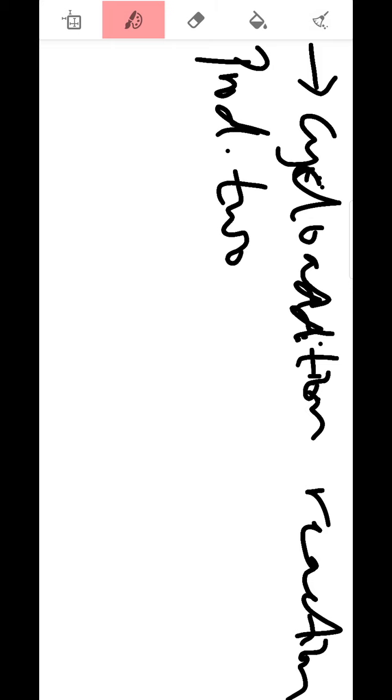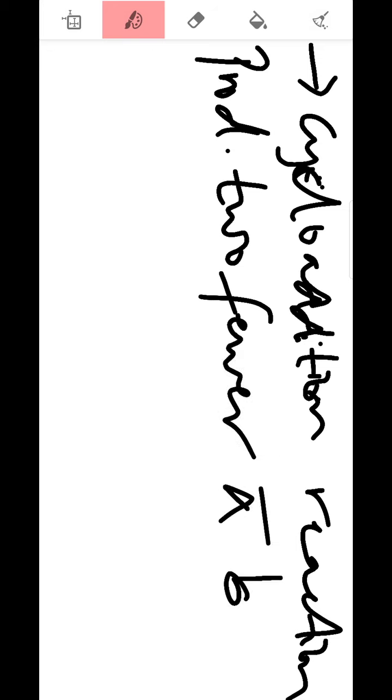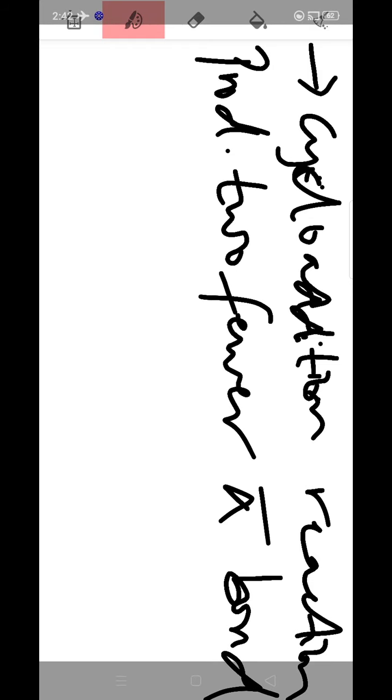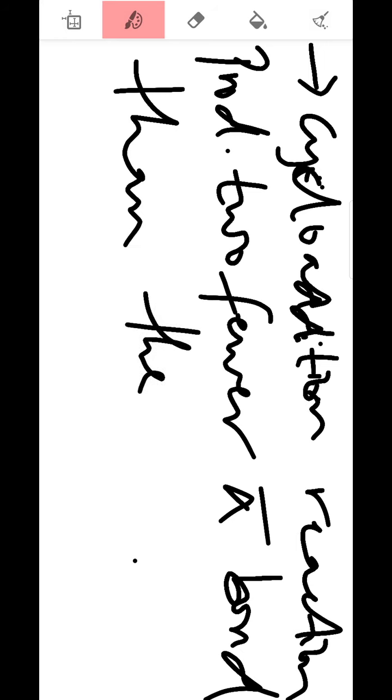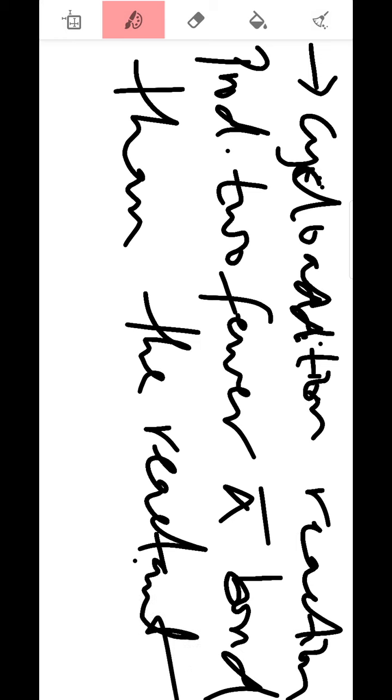In the case of electrocyclic, it was 1. So you have 2 fewer pi bonds than the reactant. So don't forget, that is cycloaddition. So we are going to work with this now.